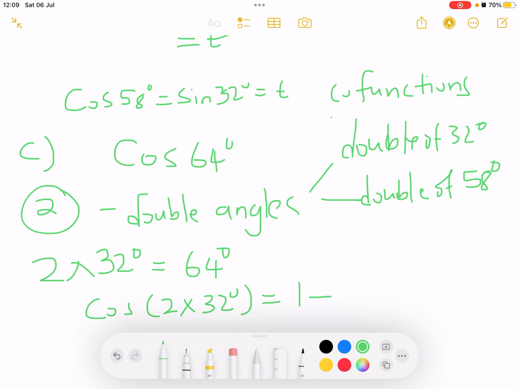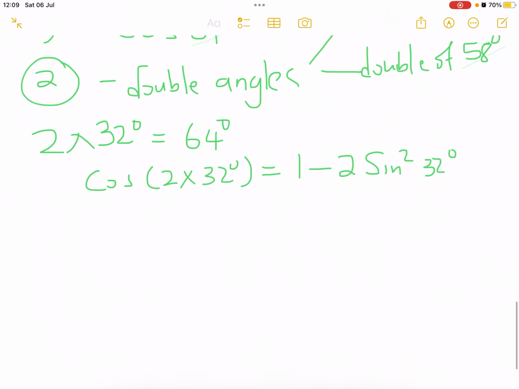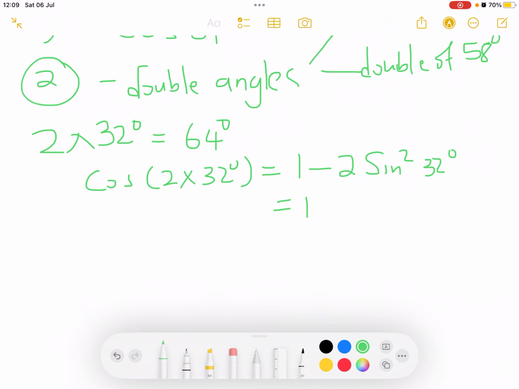So we'll have to use 1 minus 2 sine squared of 32 degrees, which is 1 minus 2 times sine 32 degrees squared.